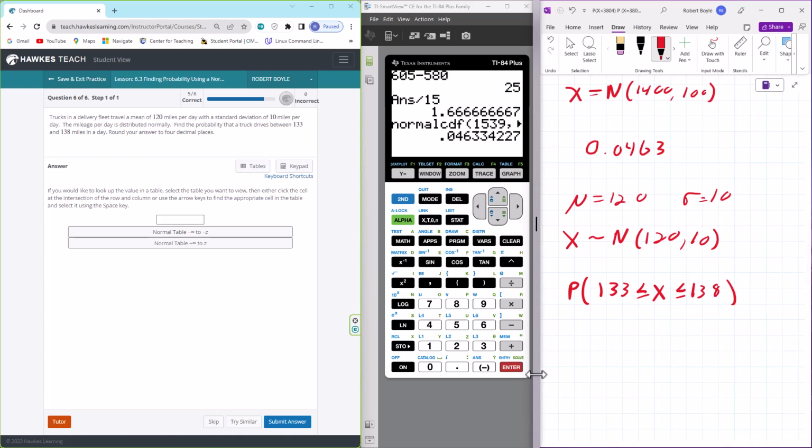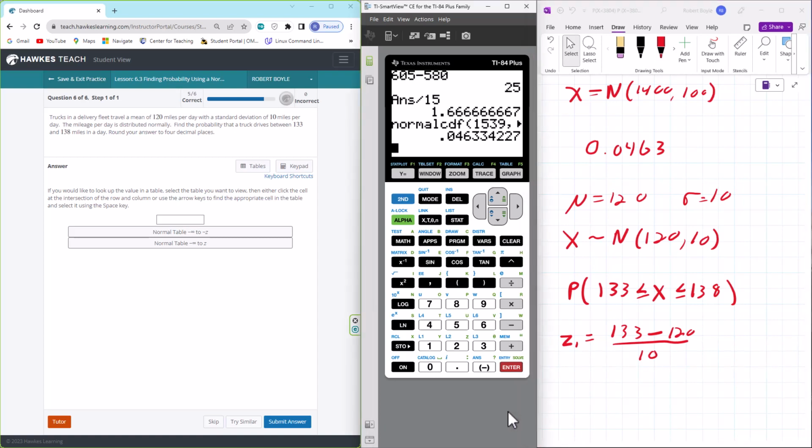So let's call z1 133 minus the mean, which is 120, divided by the standard deviation, which is 10. That will give us 133 minus 120, 13 divided by 10, 1.3.